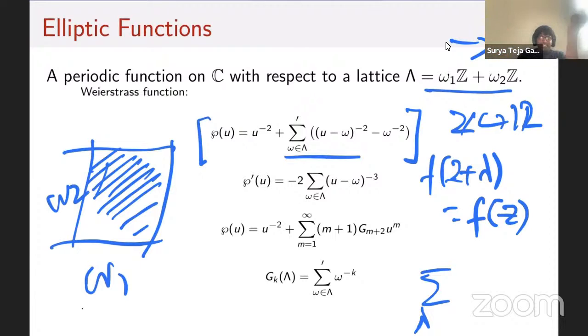For instance, the function I wrote here is called the Weierstrass function. If you take the derivative, you get some other sum over this lattice. And if you compute a little bit, you're going to see that this function has an interesting expansion with some constants. They're eigenfunctions of which operator?